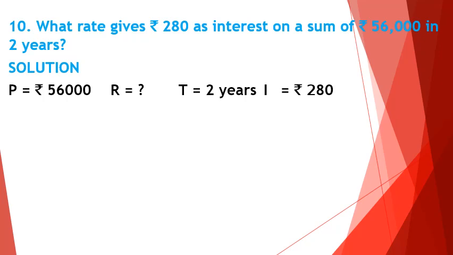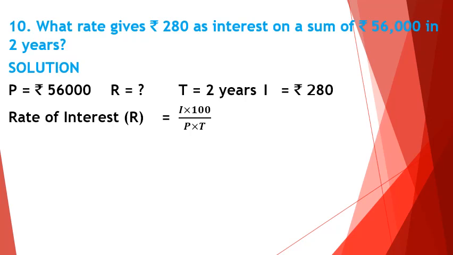R equal to question mark that we have to find. Do you remember the formula of simple interest? Yes, that is PRT upon 100. So what about the formula to find rate of interest? It is I into 100 whole divided by P into T.